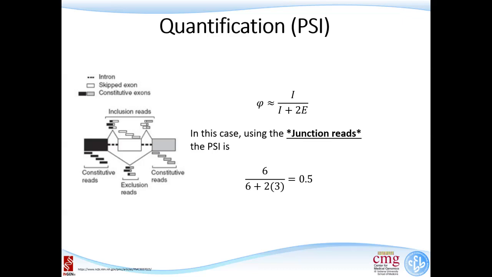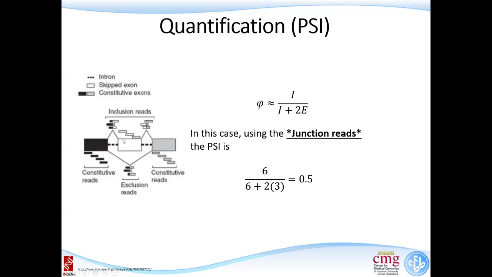If we want to get a basic understanding of the percent of transcripts that have this exon, all we have to do is take the junction reads for the inclusion site. So in this case, there's 6. We've got 3 here. We've got 3 here. And then we actually divide that by the total number of reads that support or refute that event, but only using the junction reads.